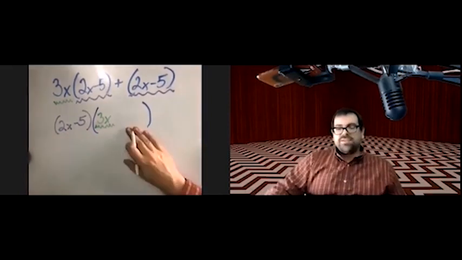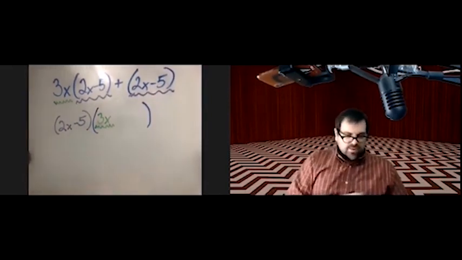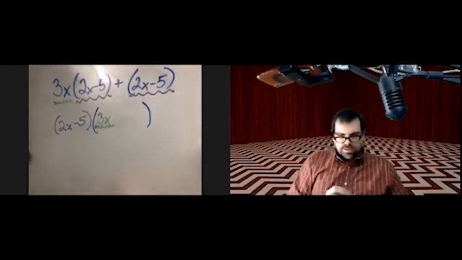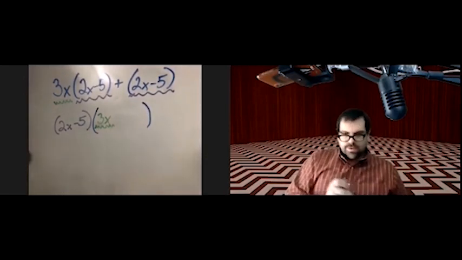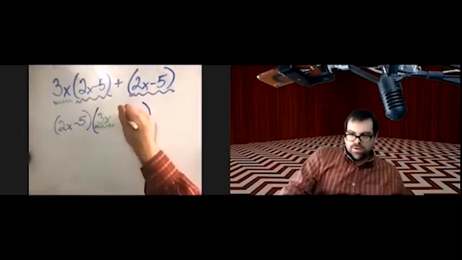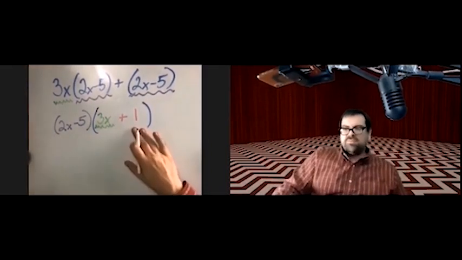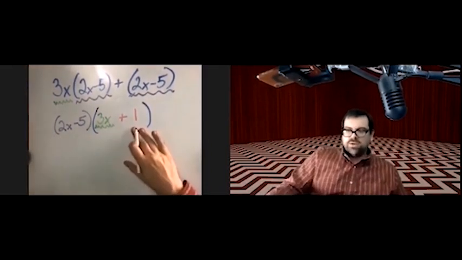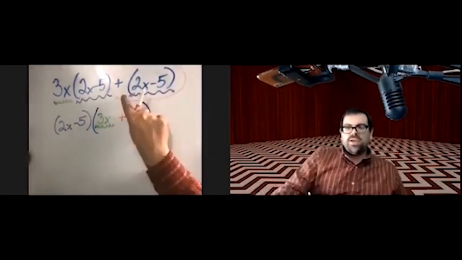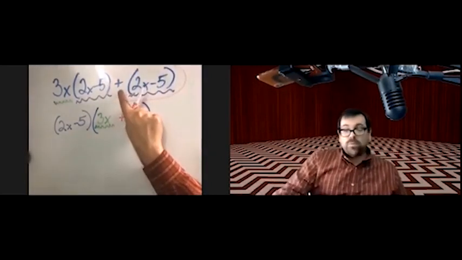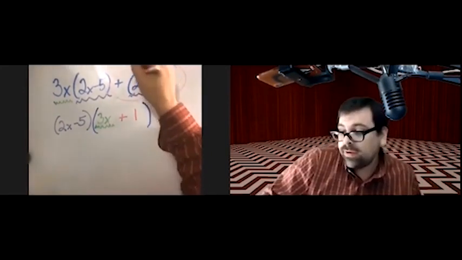2x minus 5 times 1. Not just any kind of 1. Positive 1. 2x minus 5 times 1 is 2x minus 5. We can imagine that when we have plus this thing in parentheses, we have plus how many?